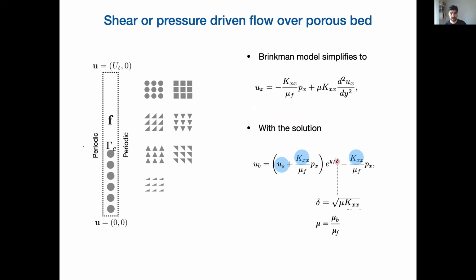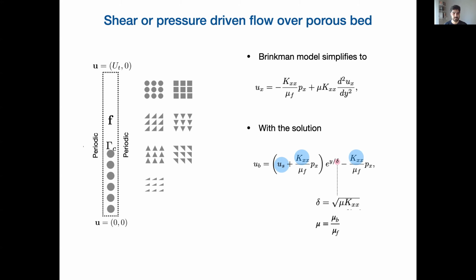And the Brinkman model simplifies significantly for this simple system. So if we assume a very slow flow above the porous material, such that we can neglect inertia, we can consider a very small, thin domain with periodic boundary conditions, which you can see here to the far left on the slide.